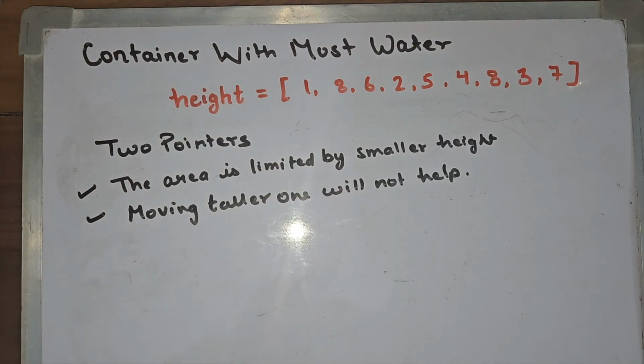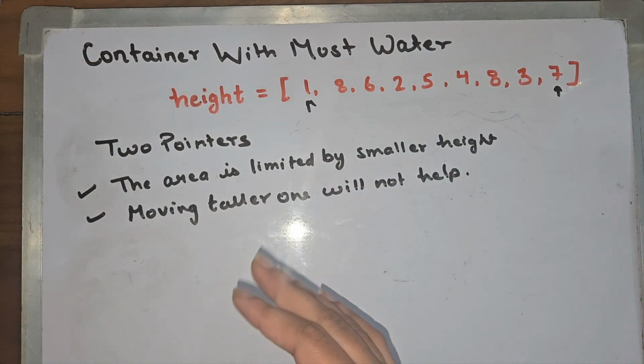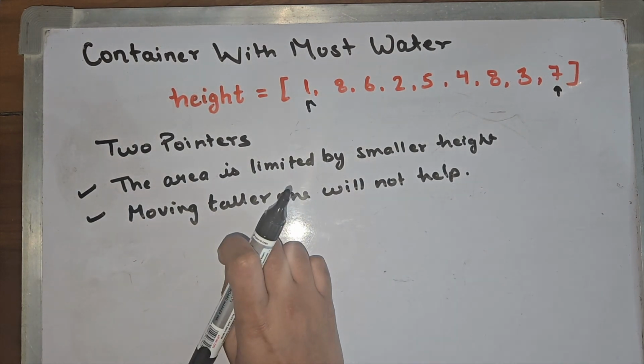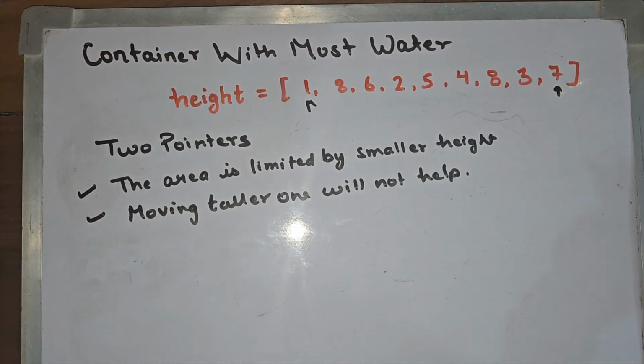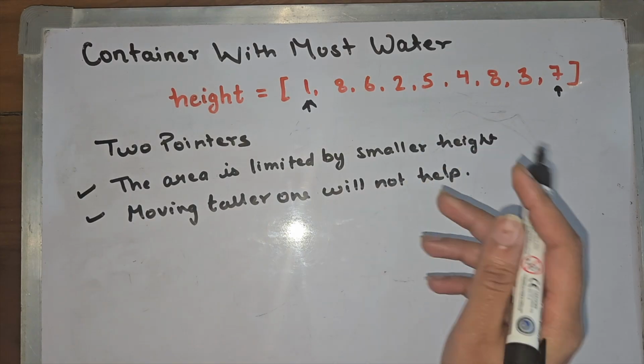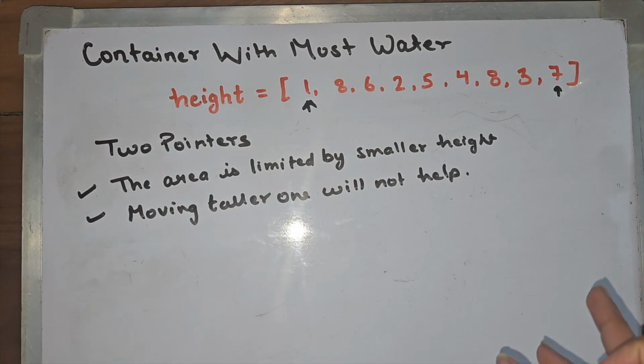So let's look at the optimal solution of this question. For two pointers, the intuition here is that we will use two pointers in our input array and keep moving, but we need to decide how we move our pointers. Earlier, we used to have our use case and move our left or right pointer depending on what we needed. Now in this particular question, we know that the area which holds the water depends on the smaller height.